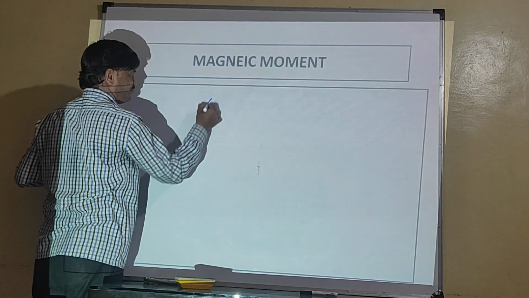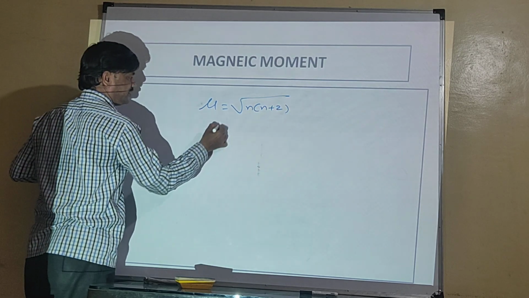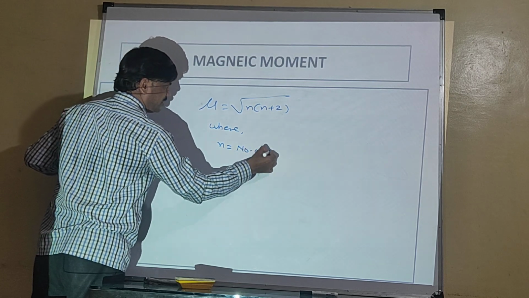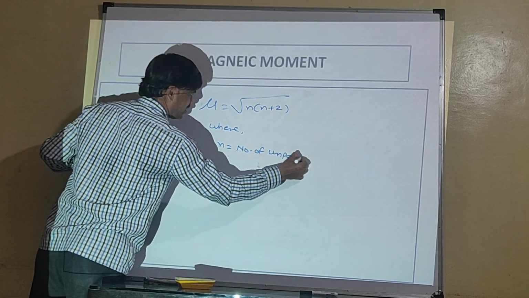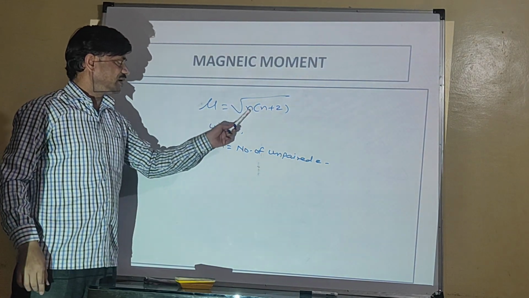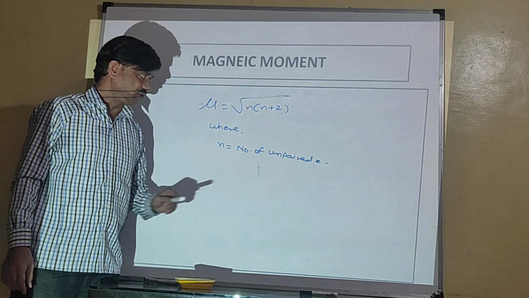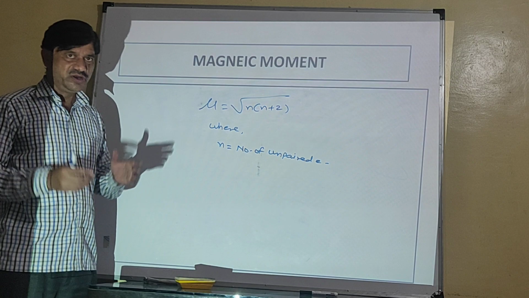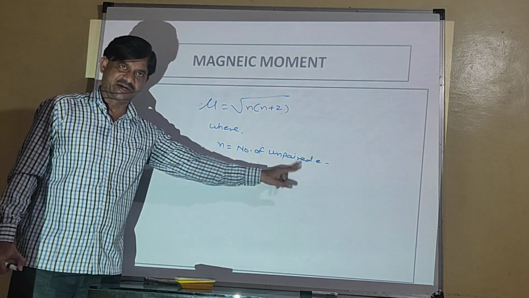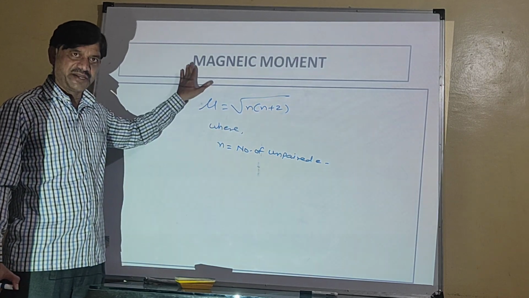So remember, mu equals square root of n in bracket n plus 2, where n equals the number of unpaired electrons. So whatever species are given to you, either in the form of a compound or cation, you can calculate the number of unpaired electrons, put that here, and you will get the magnetic moment.